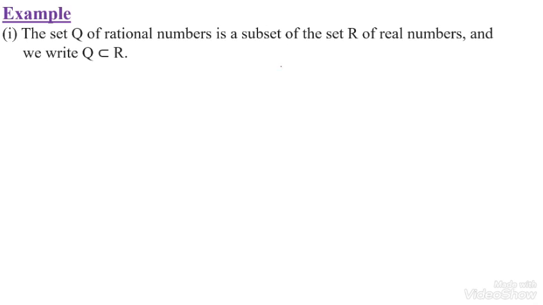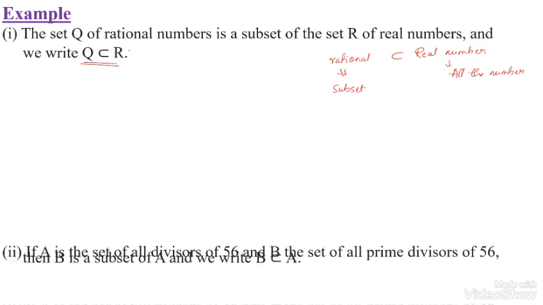Here, real numbers contain all the numbers, including rational numbers, irrational numbers, whole numbers, natural numbers, and so many others. So from the real numbers, I will take only the rational numbers. The set of rational numbers is the subset and the set of real numbers is the main set. So we write this as Q is a subset of R.